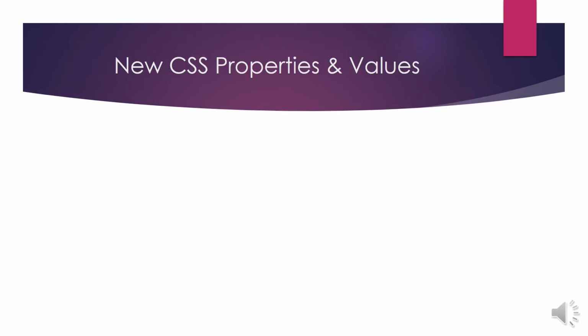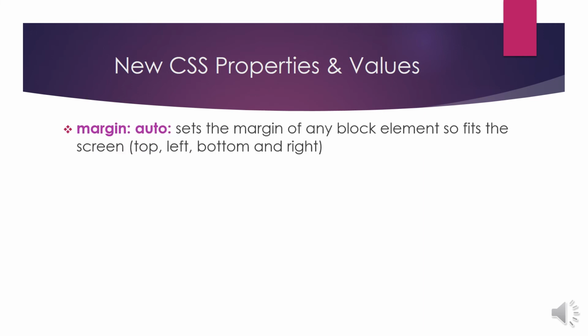New CSS properties and values. Margin auto sets the margin of any block element so it fits the screen, top, left, bottom, and right. Width, you're going to use the em. It sets the width of a block element.